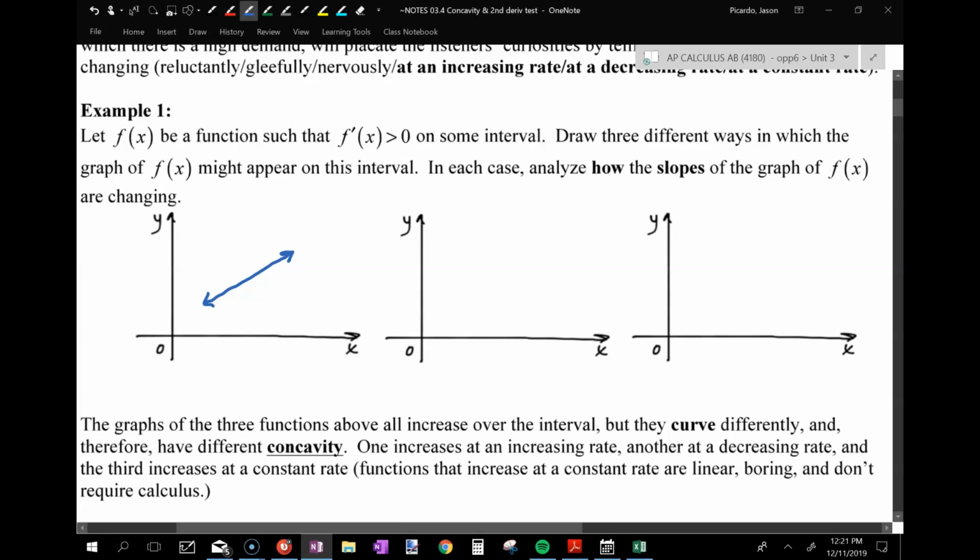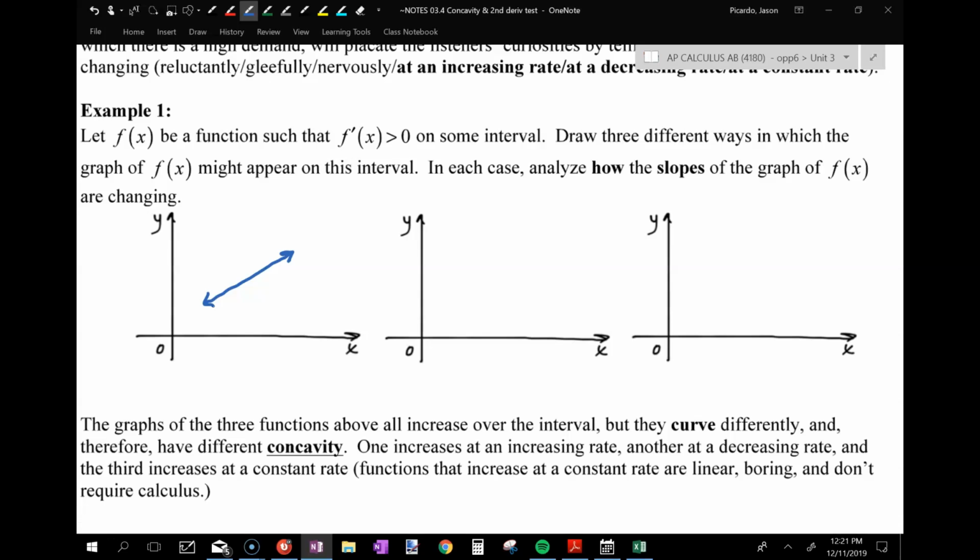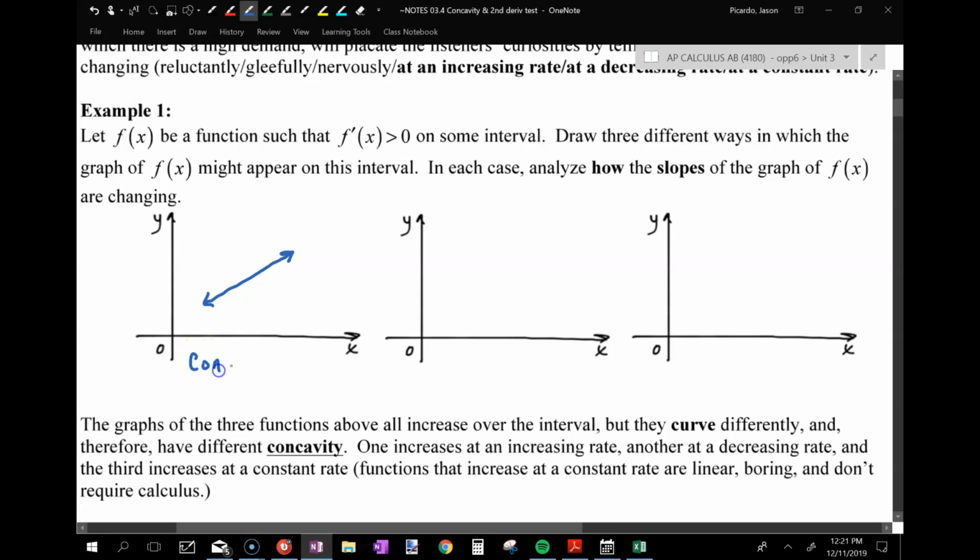Yeah, because it's linear. Does the slope ever change? No, right? So this has a constant slope. We know that, right? This always has, maybe I'll say, a slope of 1/2. 1/2 all the way down, right?